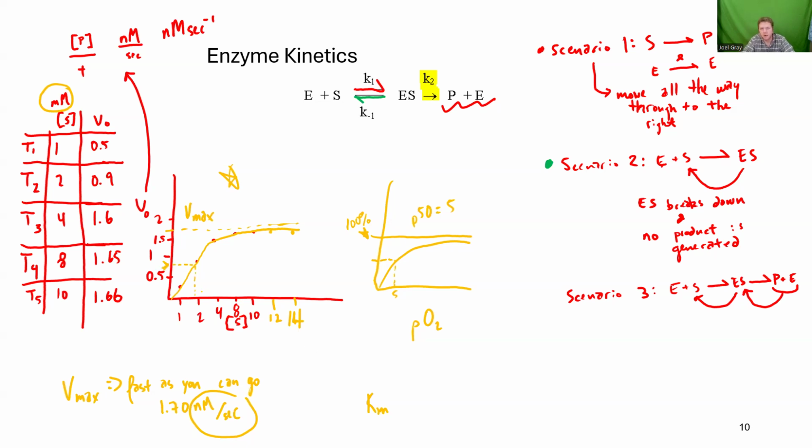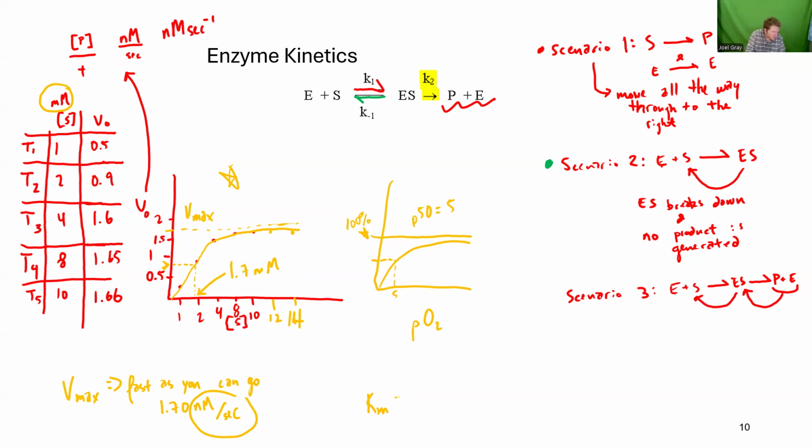Now I'm going to play a little game of Battleship and align that to my x-axis. And I'm going to make an approximation here. Of course, these are hand drawn, but whenever you plot these data in something like Sigma plot or Excel, you're going to get a more precise measurement. And let's say that this is 1.7 millimolar. That is the concentration of our substrate that gets us to half of our maximum velocity.